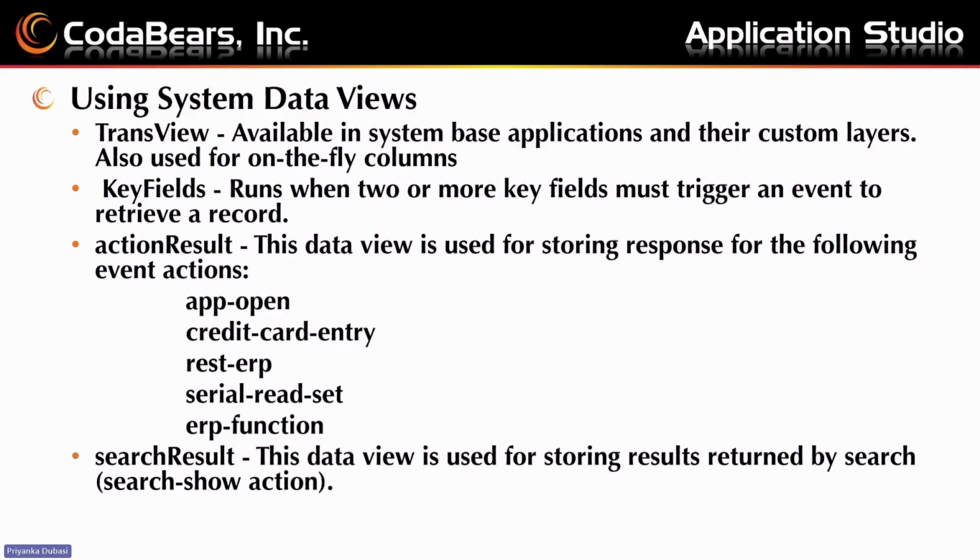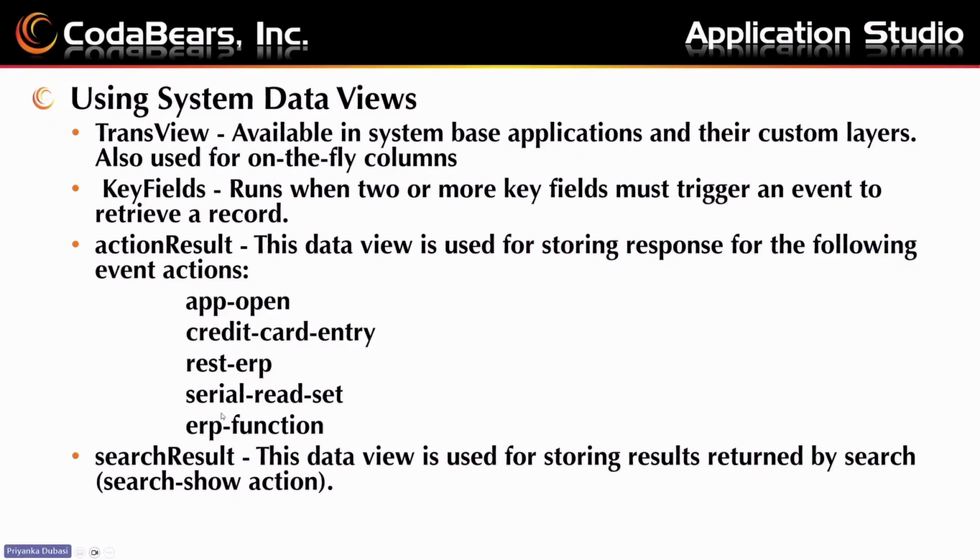In that case, I would just use ActionResult.MyOutputParameterName, and that way I can use the field value that I'm returning back from my function. It need not be just a function. It could be your app open widget, your REST ERP, or your credit card entry widget. Whatever it is returning back is what comes under your action result.